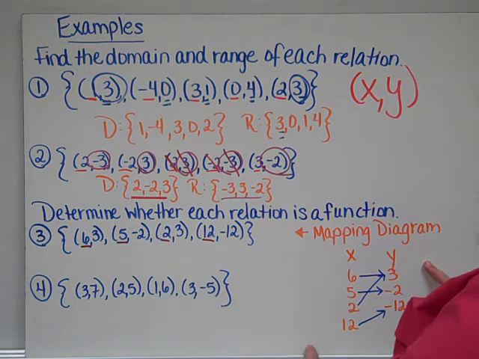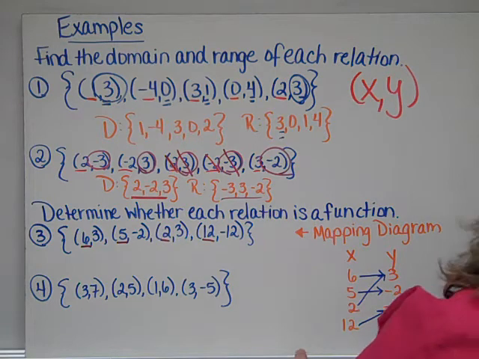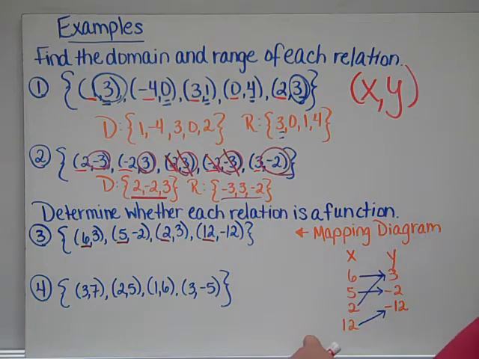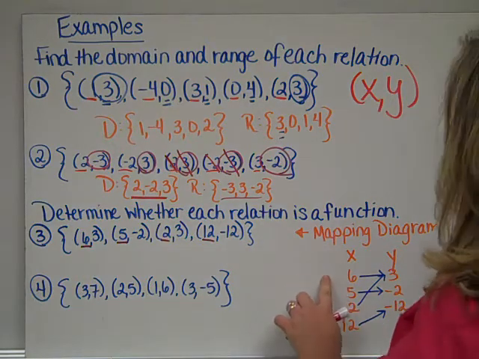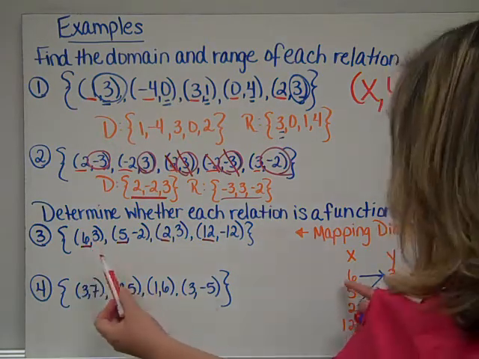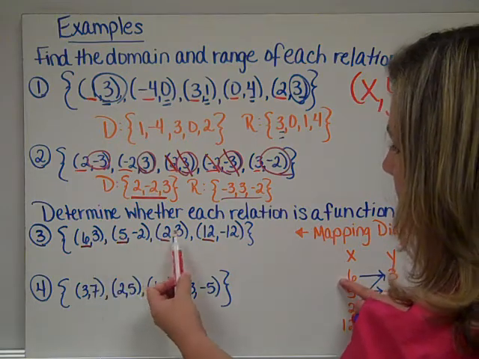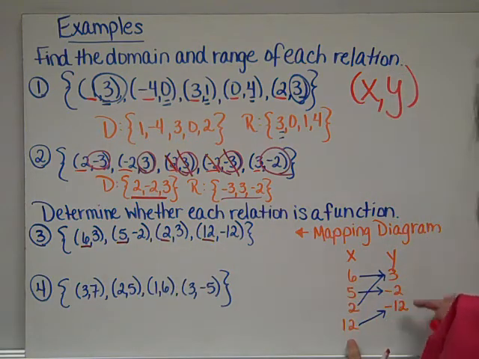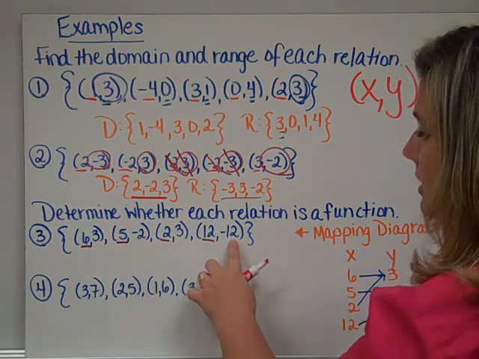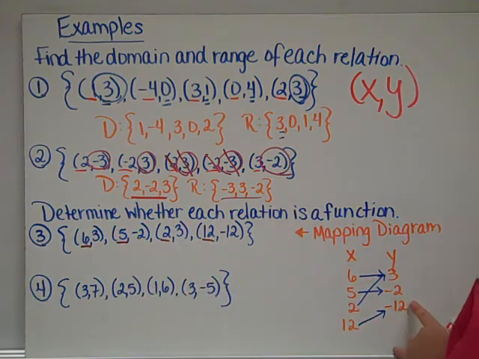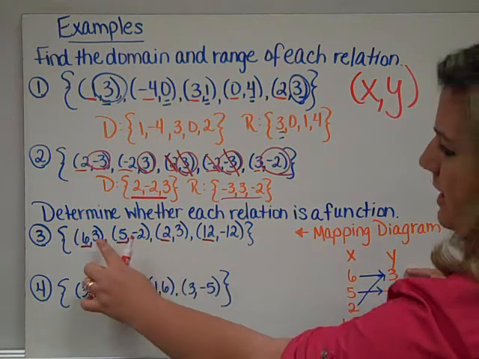So here's a mapping diagram that tells me this. All right, so a mapping diagram. I've listed out the ordered pairs. 6, 5, 2, and 12. Those are my x values. 3, -2, and 3, and -12. So I have 3, -2, and -12 listed here. So the 6 is being mapped to the 3.